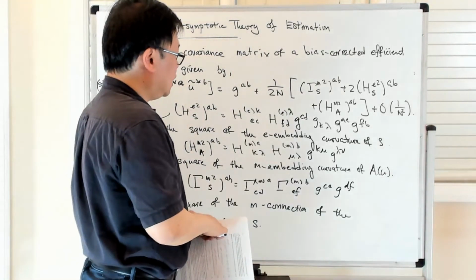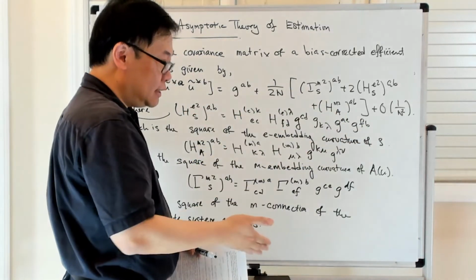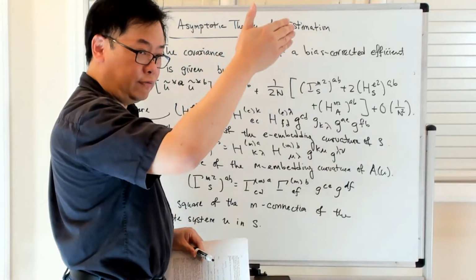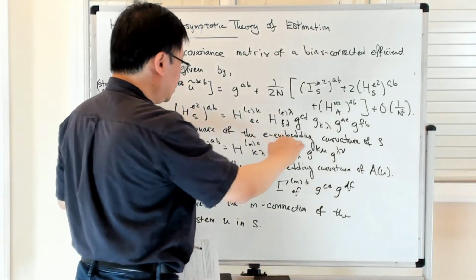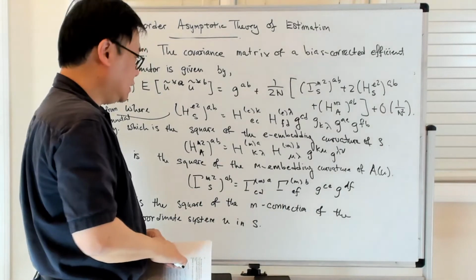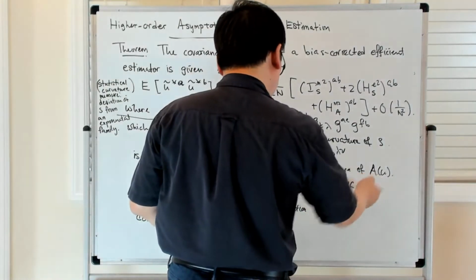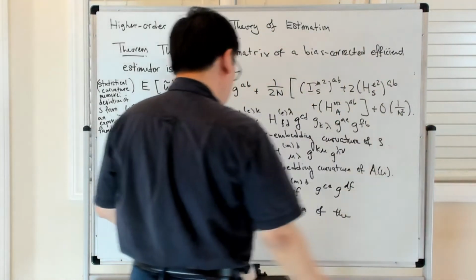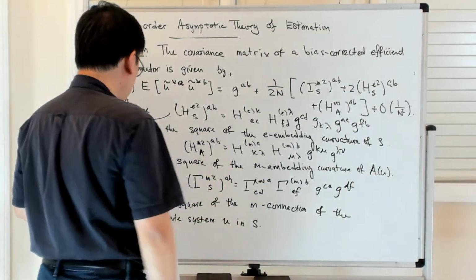So in this problem you have this S and you have this A of U. You measure the curvature of S using this E connection, and you measure the curvature of this complementary space AU using this M curvature.